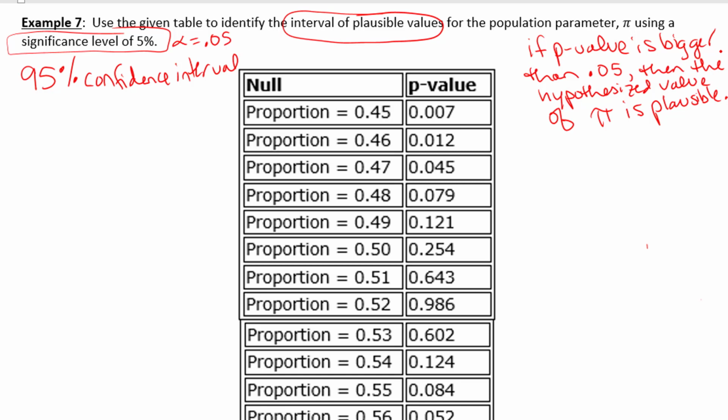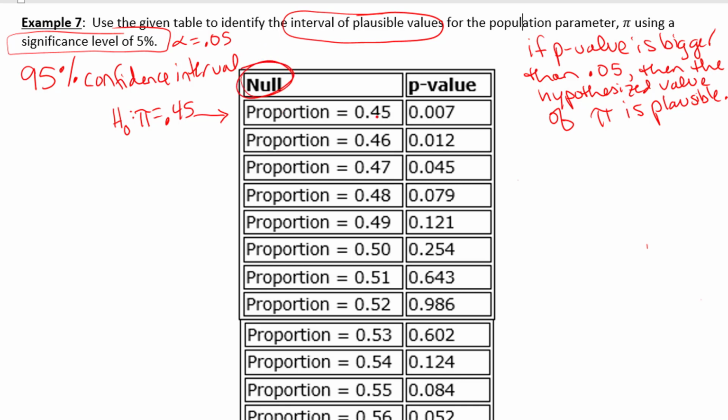So let's look at the first row. What they're saying in this first row is that we're hypothesizing in our null hypothesis that pi is equal to 0.45. They're saying the proportion is 0.45 in the null hypothesis.